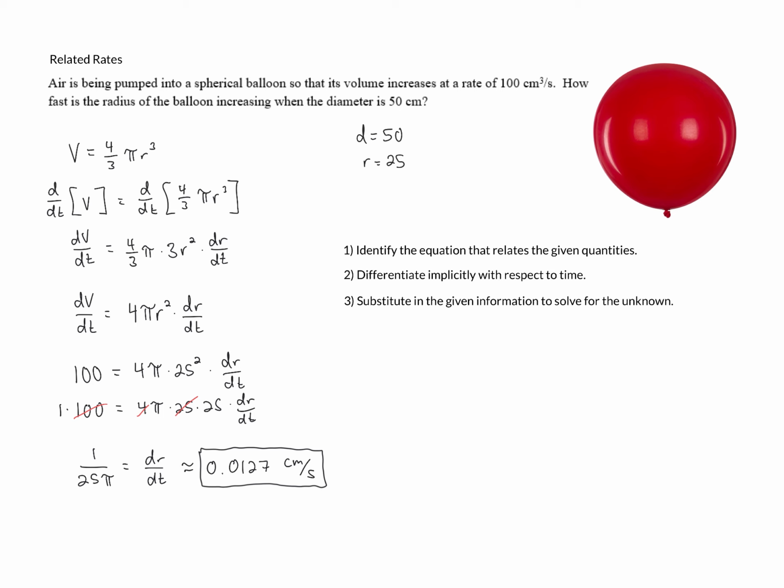And so each one of these is going to take a bit of time. We have to identify the relationship, we have to go through the differentiation process, and then plug things in. So really, each of these examples is going to take some time, so make sure you go through several of them to get a good idea of the variety of things where this is useful.